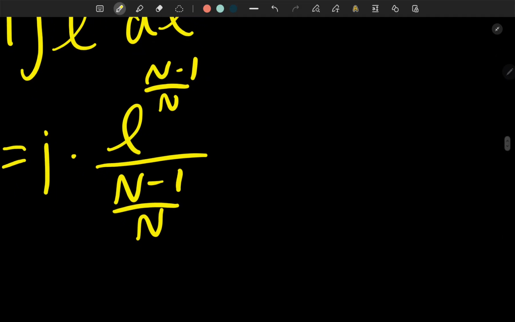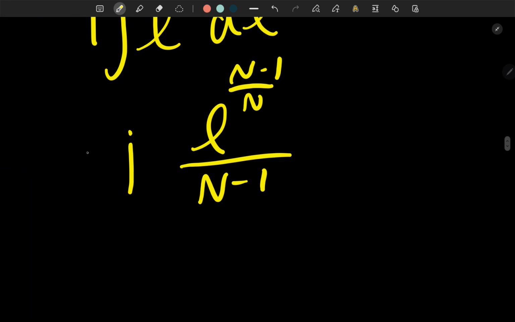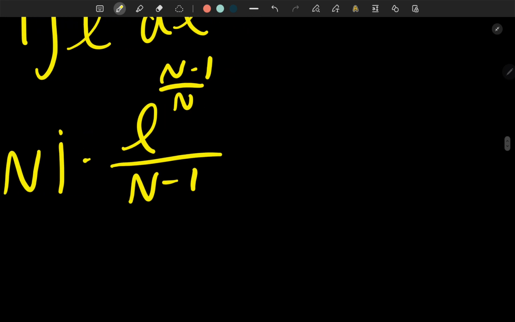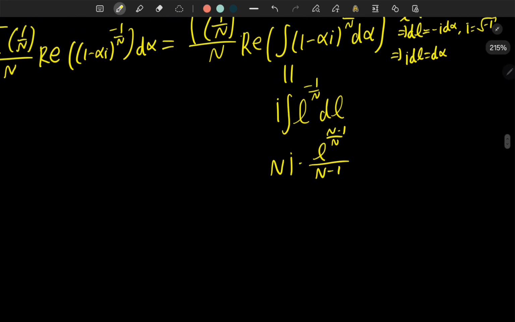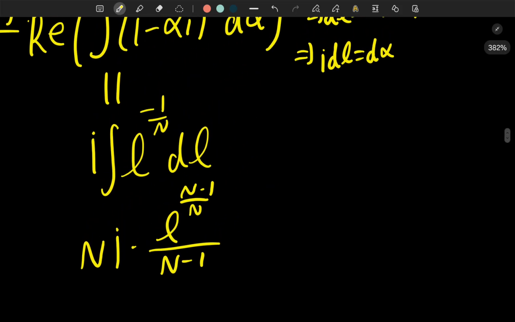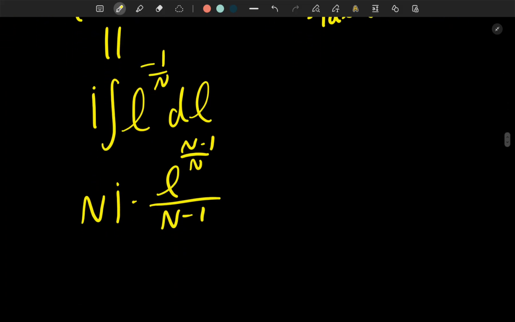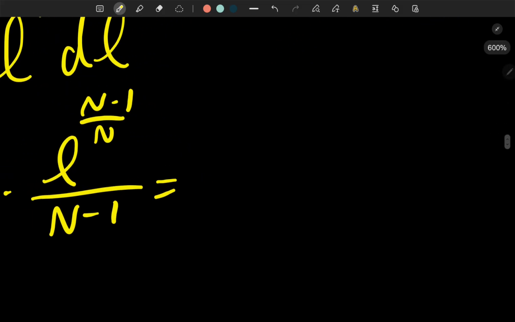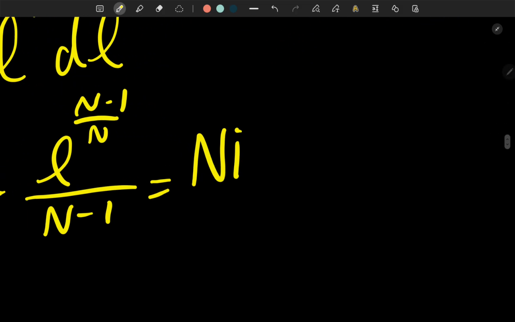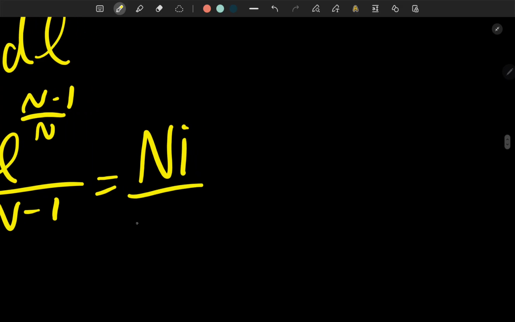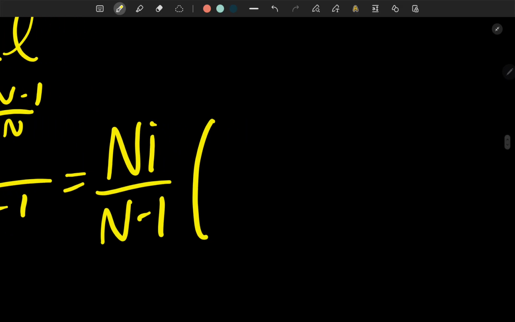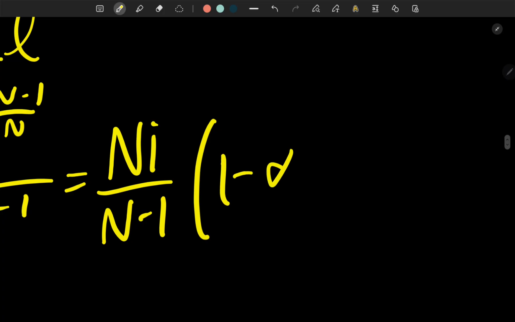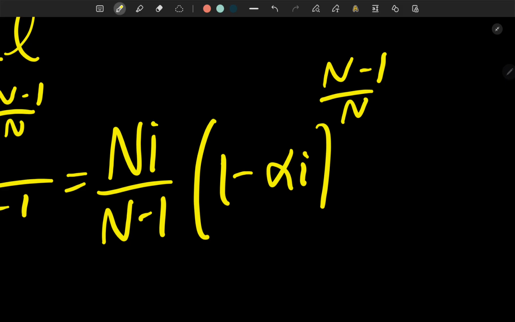And we can bring this n up to the top. Very nice. So, remember L is equal to 1 minus alpha times I. So right here, this would be n I divided by n minus 1 times 1 minus alpha times I to the n minus 1 over n.